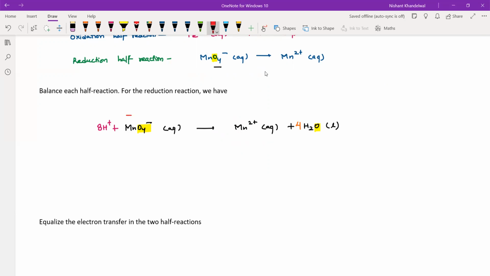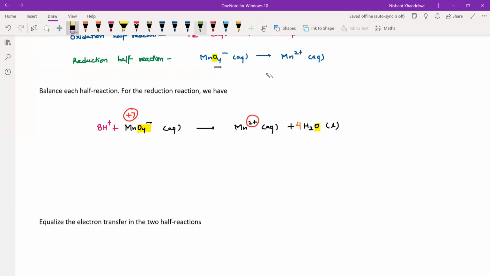Here the oxidation state of Mn is +7, and here it is +2. It is decreasing from +7 to +2, so there is a gain of 5 electrons. This Mn2 plus has 5 electrons more than Mn +7.